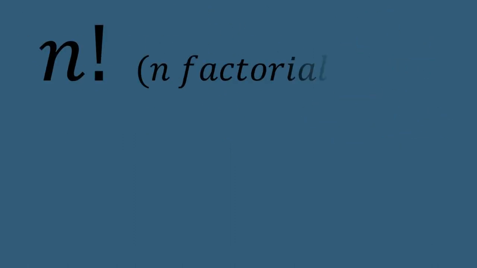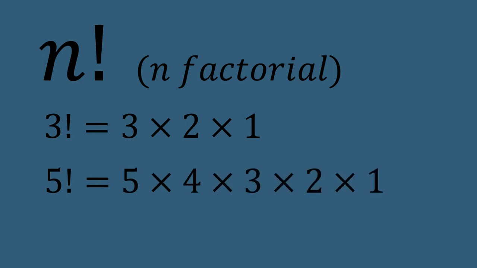Factorial? It's a beautiful concept in maths. Factorial is symbolized by an exclamation mark. Let me introduce it. For example, 3 factorial is equal to 3 times 2 times 1. Next, 5 factorial is equal to 5 times 4 times 3 times 2 times 1. Now I think you have got it.